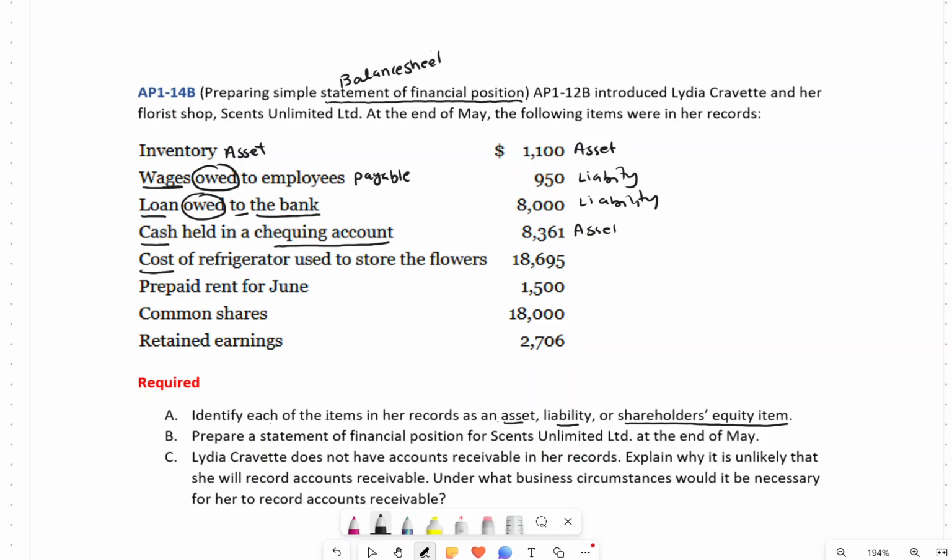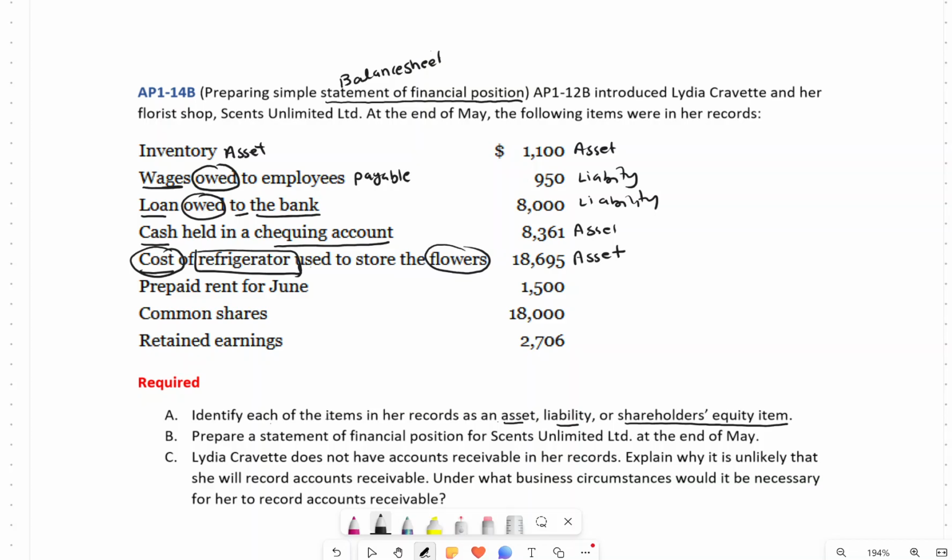Cost of refrigerator used to store flowers in the flower shop. The cost of this refrigerator is $18,695. That will be an asset, but it will be a non-current asset.